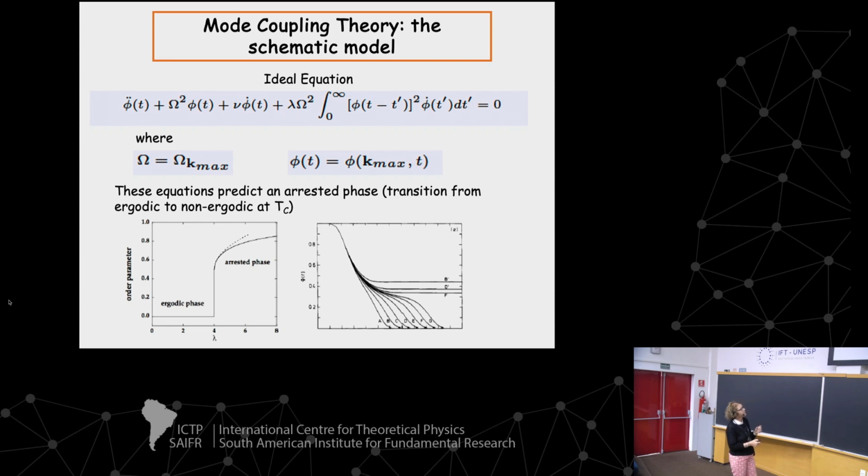But this is the point in which Mode Coupling predicts the arrested phase. So we have an ergodic phase, and then all cages freeze, and we have an arrested phase.